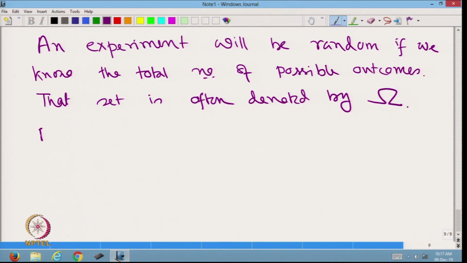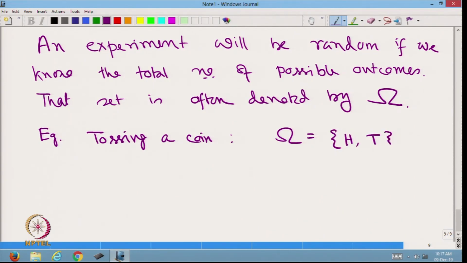For example, tossing a coin, omega is equal to {head, tail}.